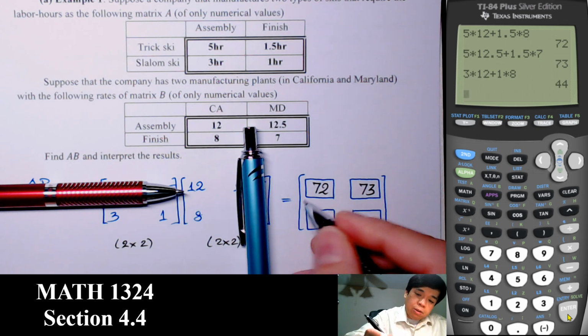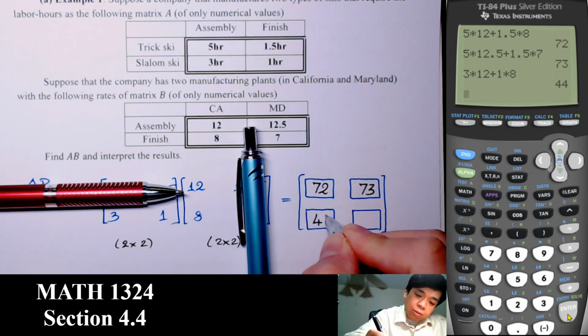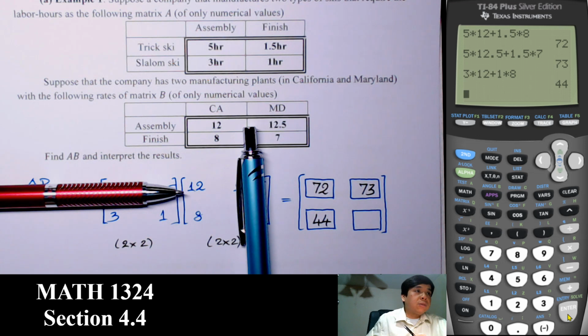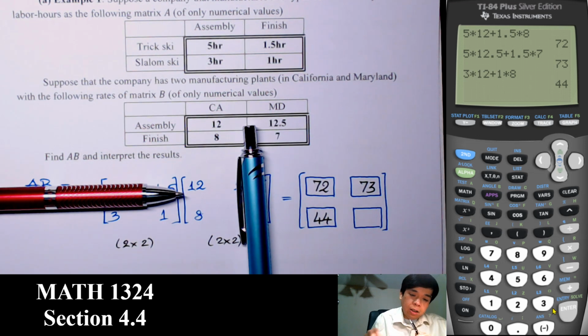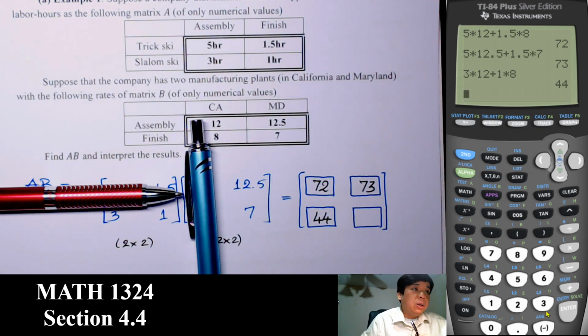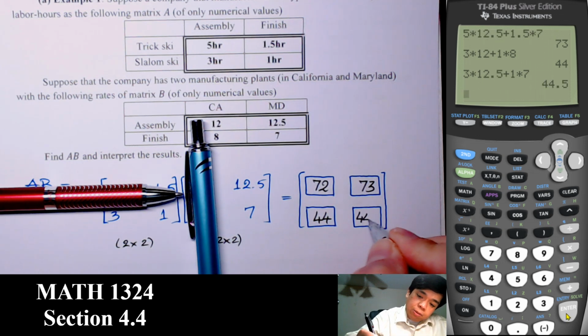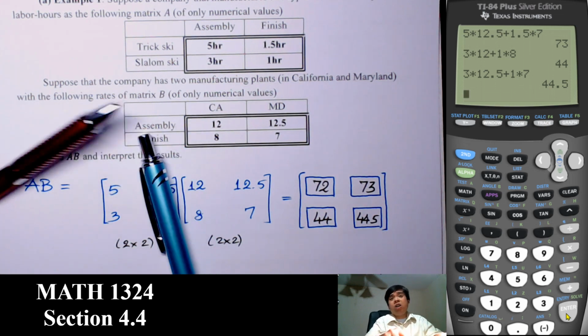At 44. And then 3 times 12.5 plus 1 times 7, or just 7. 44.5. Right, so we multiply. So what is the result?